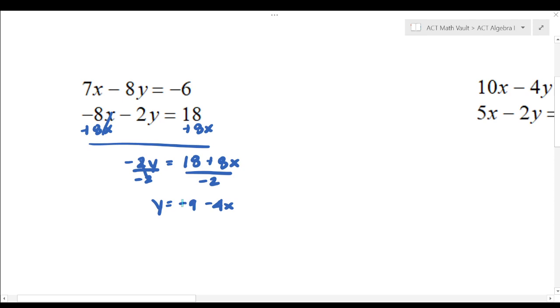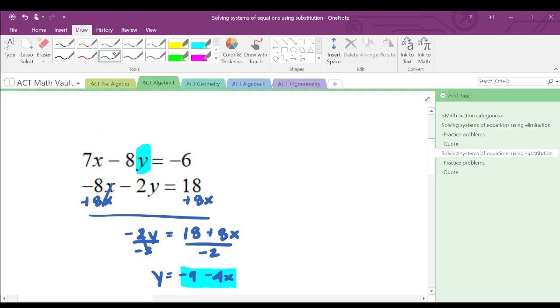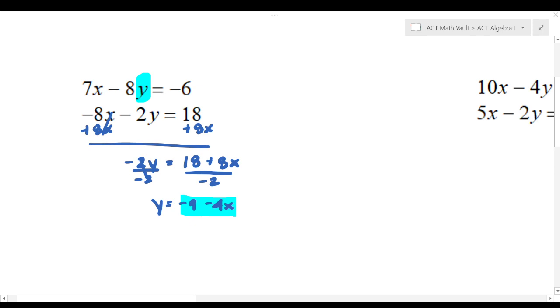If I think of y as this now, then up here where I see a y, I can just sub in my new expression. So 7x minus 8 times the new y, because y is secretly negative 9 minus 4x, equals negative 6.